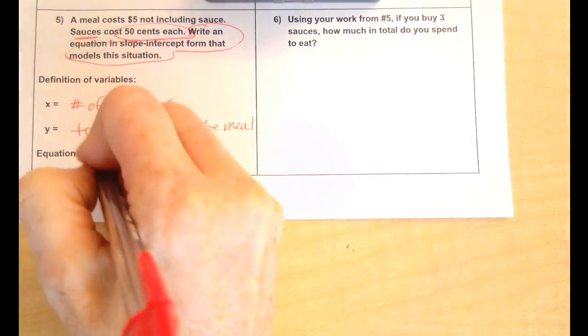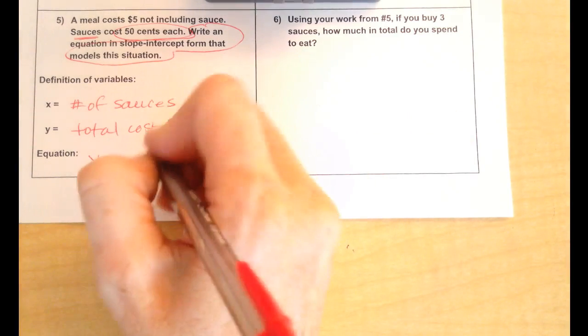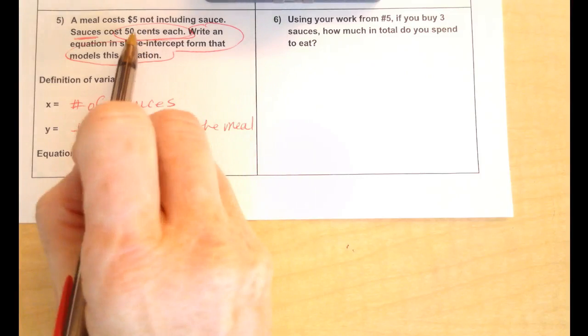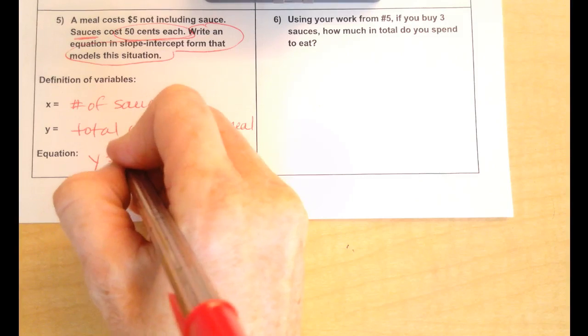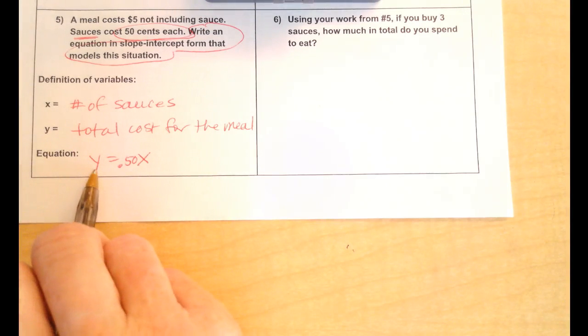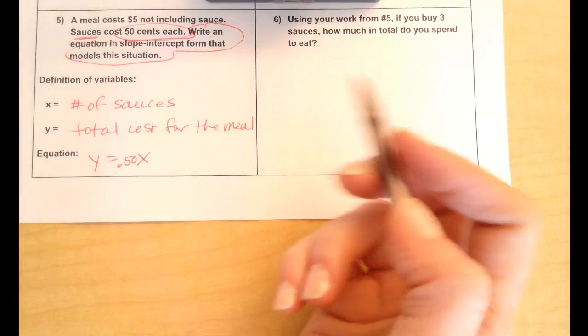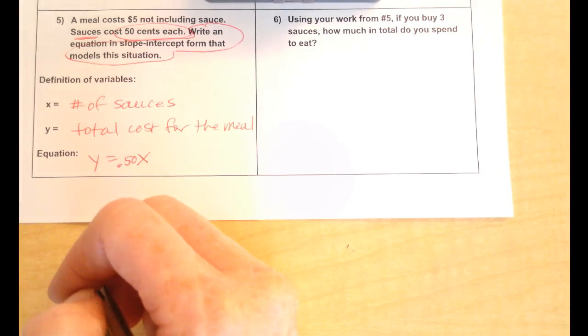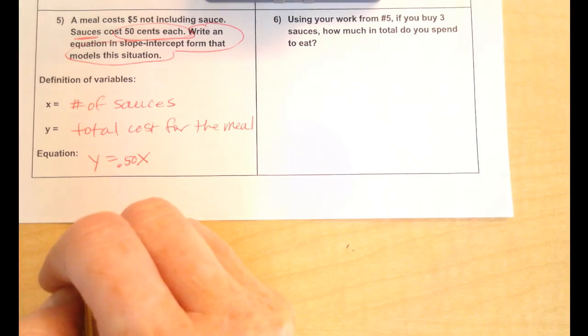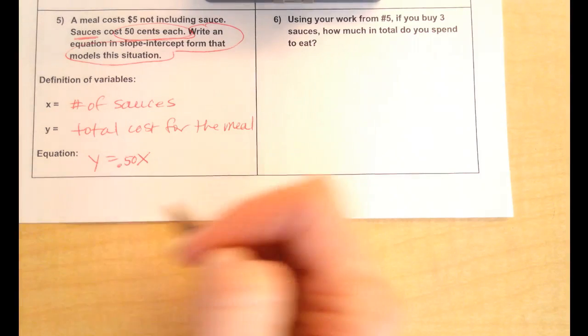My total cost will be how many sauces I'm getting. Each sauce is 50 cents. Be careful, 0.50, because I'm going to be figuring out this cost in dollars. I could figure it out in cents, but that would be a little bit awkward. We don't usually talk about spending 700 cents on something. Usually we talk about dollars.